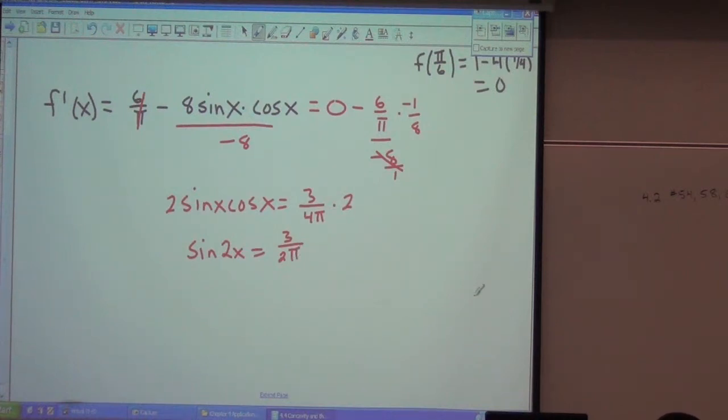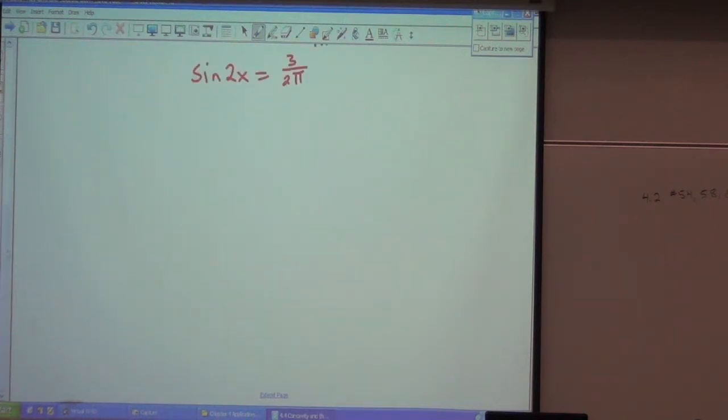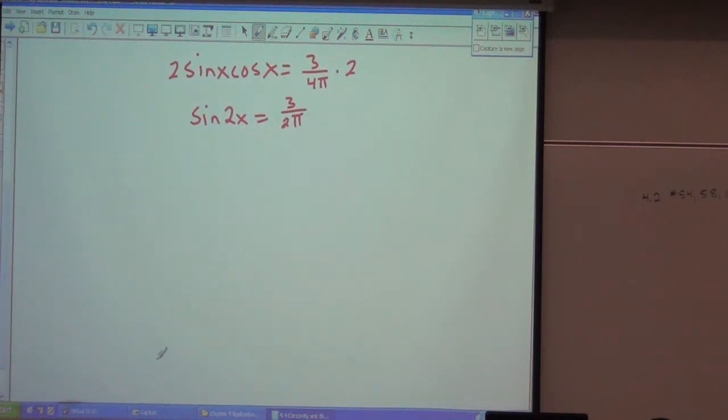Hey, I don't like that pi in the denominator, though, huh? So now we got to figure out where does sine of 2x equal 3 over 2 pi? Wow. So where does sine equal 3 over 2 pi?